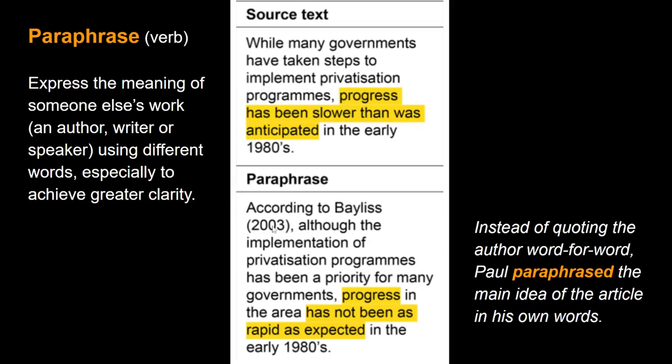In the parentheses right here, the 2003 relates to the reference that's given in the works cited page. So he mentions the author in the paraphrase, Bayliss, and then gives the year of Bayliss's publication right after here in 2003. So if I go onto their works cited page, I could see a reference from Bayliss that was published in 2003, and I can know, okay, that's where they got their source from.